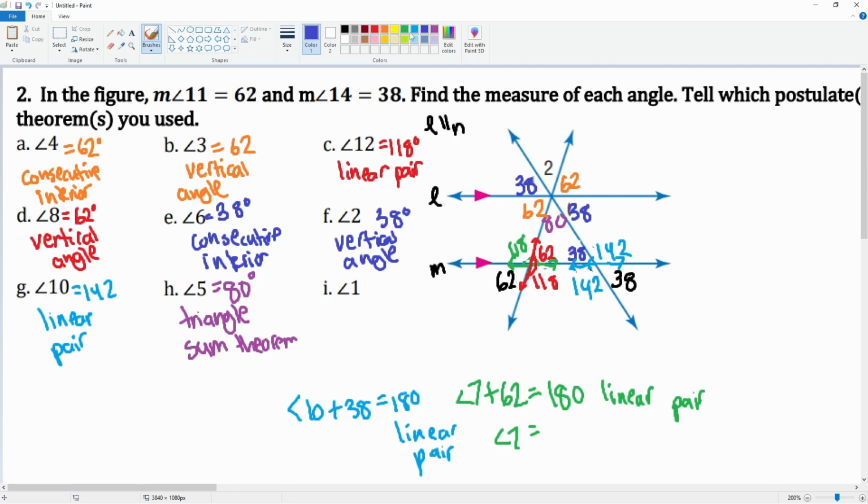Okay. So then this makes this 80. And you can say vertical angles or linear pair, however you see it. Vertical angles. All right, there you go.